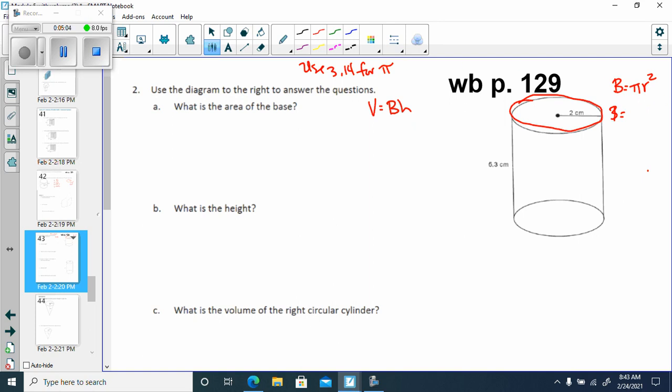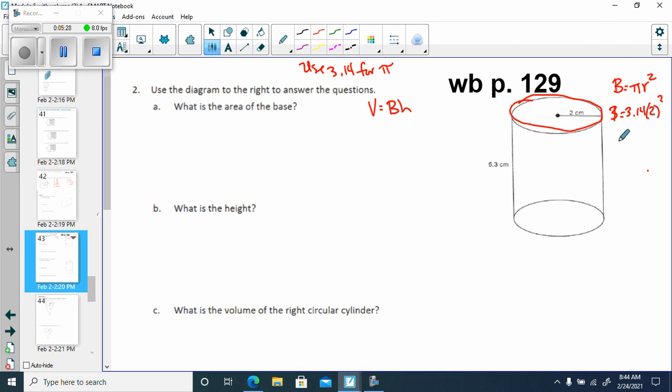B is equal to 3.14, because that's what we're using for pi. Our radius is 2. That would be 2 squared, which is 4. In your calculator, you put this in. That would be 3.14 times 2 squared, which is 4, and you get 12.56.